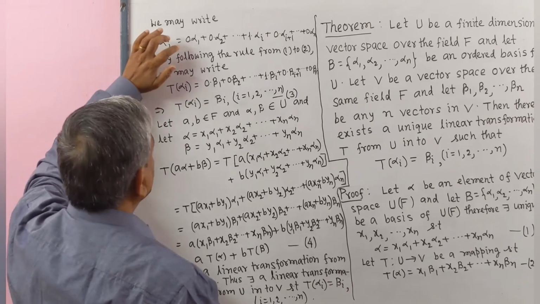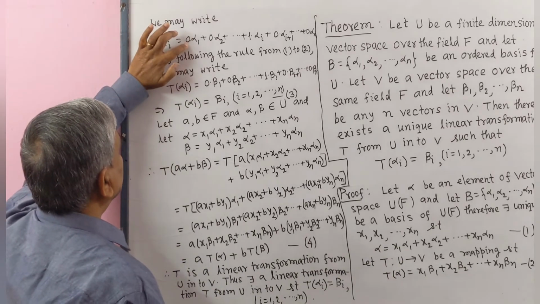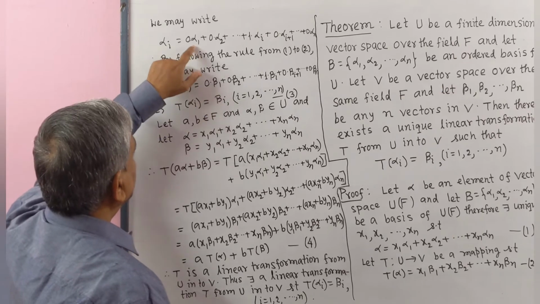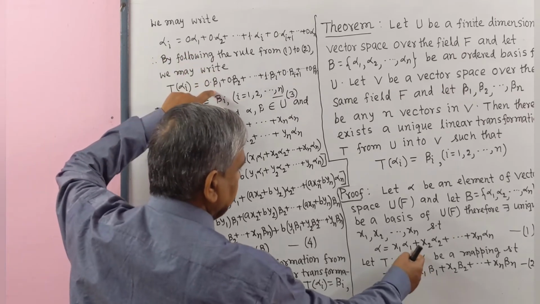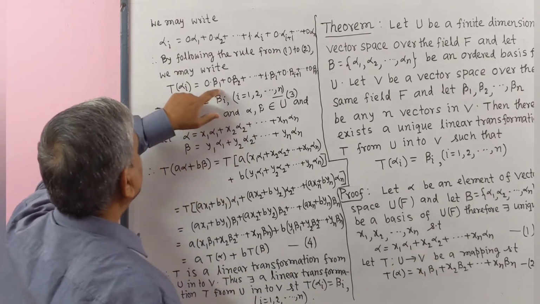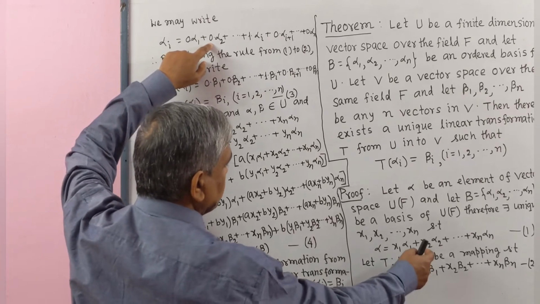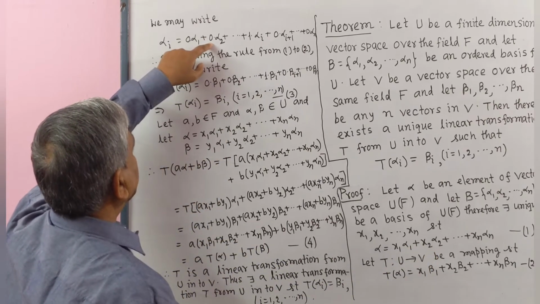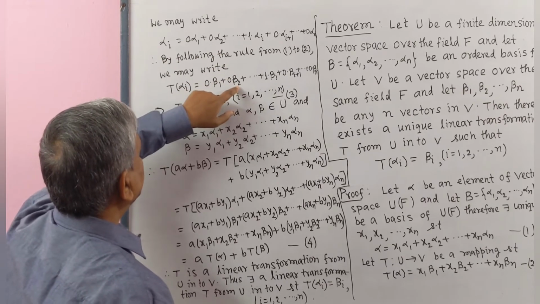So in place of x1 we have 0. Here also we write 0. Here alpha 1, in place of alpha 1 we write beta 1. Here we have 0 means x2, in place of x2, 0. Here we also write 0, multiply beta 2.